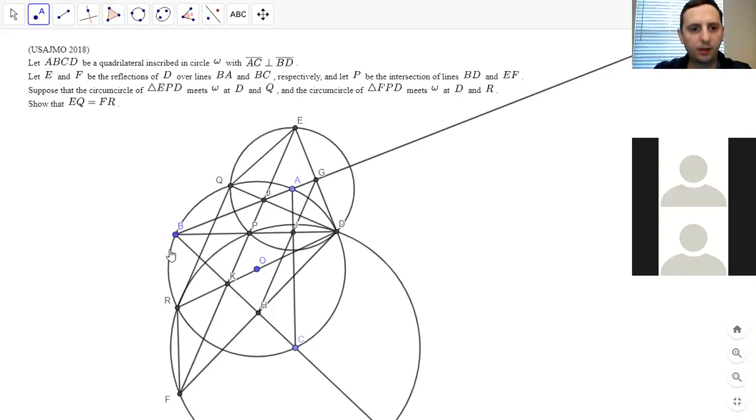DB bisects angle BQR. So that would prove that those angles are equal. Then I'm kind of skipping a few steps in my mind right now, but I think we'll be able to show that angle RFE is angle QEF. But then if we want to show it's an isosceles trapezoid, we would have to show something else too.